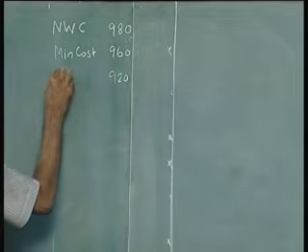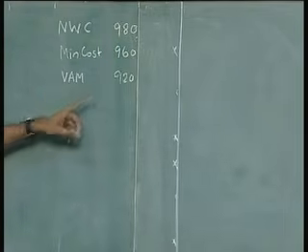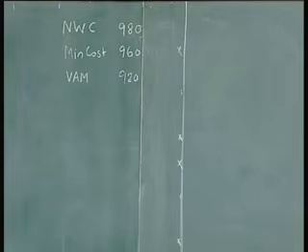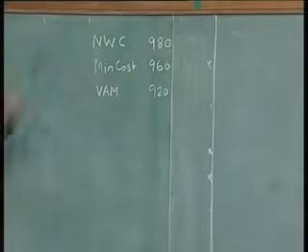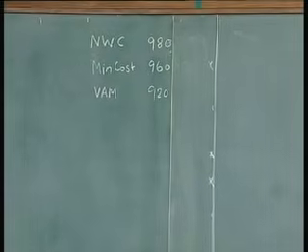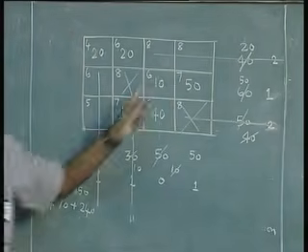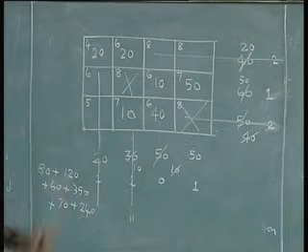So this penalty cost method, also called Vogel's approximation method, VAM for short, now gives us a basic feasible solution again with objective function value 920. Now there are two aspects to it. Number one is that Vogel's approximation method is expected to perform slightly better than the minimum cost method, because not only does it do a minimum cost allocation after identifying the row or column, but it also uses more information, considering the penalties.